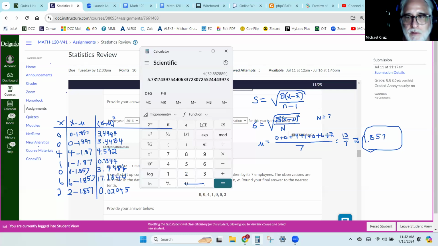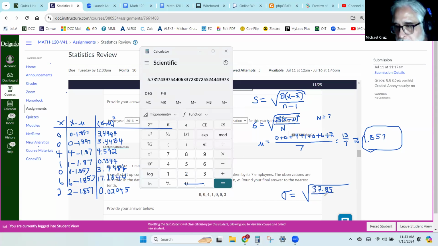So sigma is the square root of... shucks, I was trying to get that value back and it went away.